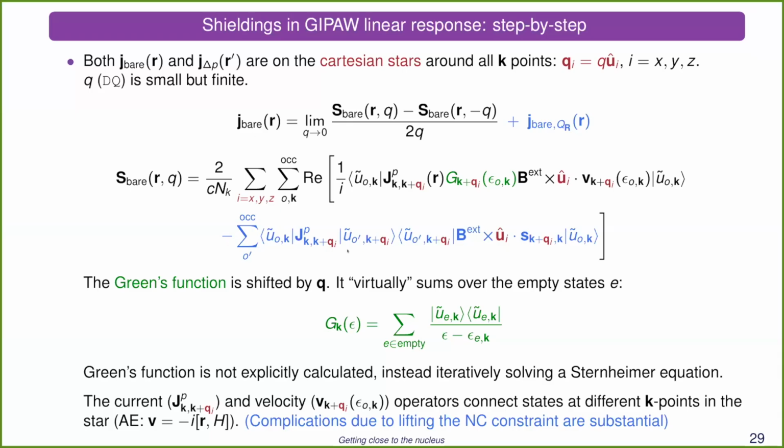So you see that happening here, you see it happening over there. You see the indices k plus q, k plus q_i, and k plus q_i also in this Green's function over here. That also connects the k point and the shifted k point. And this q_i has to do with the unit vector in that specific direction.